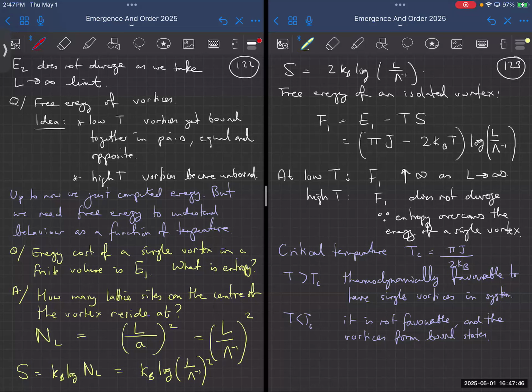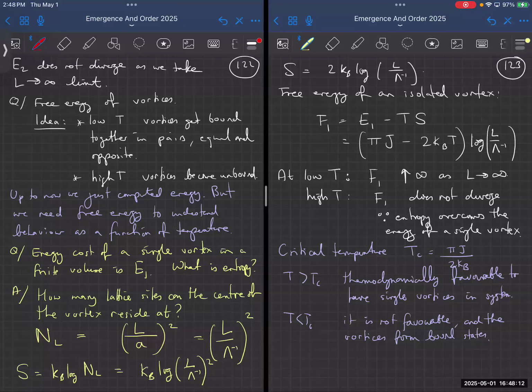Now, you might say, well, this is a bit of a fishy calculation, because really all I did was compute the energy of single vortices. And I showed you that two vortices together could form some kind of bound state where, if you look at them from a long distance away, you don't see the vortices at all. So you could say, well, maybe we ought to do this properly and consider the proper interactions between vortices.